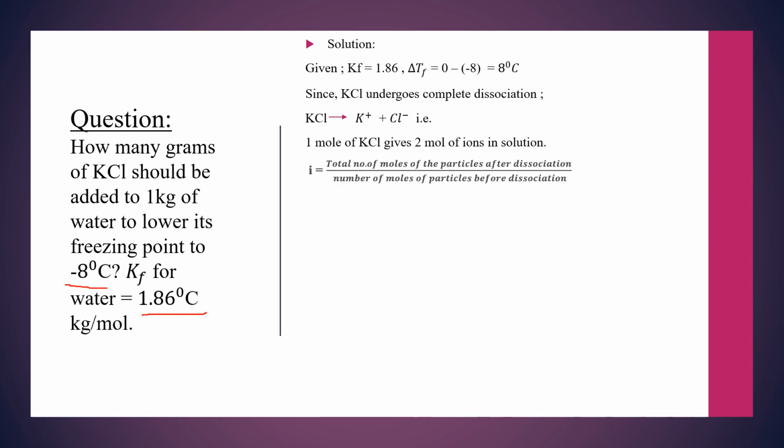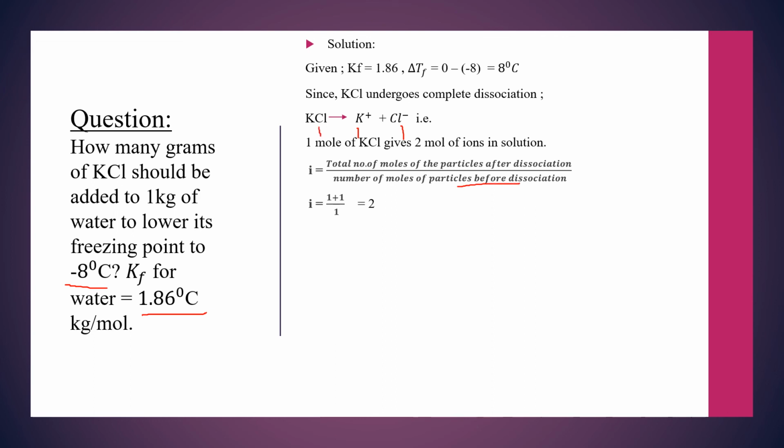Here i equals the total number of moles of the particles after dissociation divided by the number of moles of the particles before dissociation. On putting in the values, after dissociation 1 mole of K positive and 1 mole of Cl negative, so 1 plus 1, divided by 1 before dissociation.